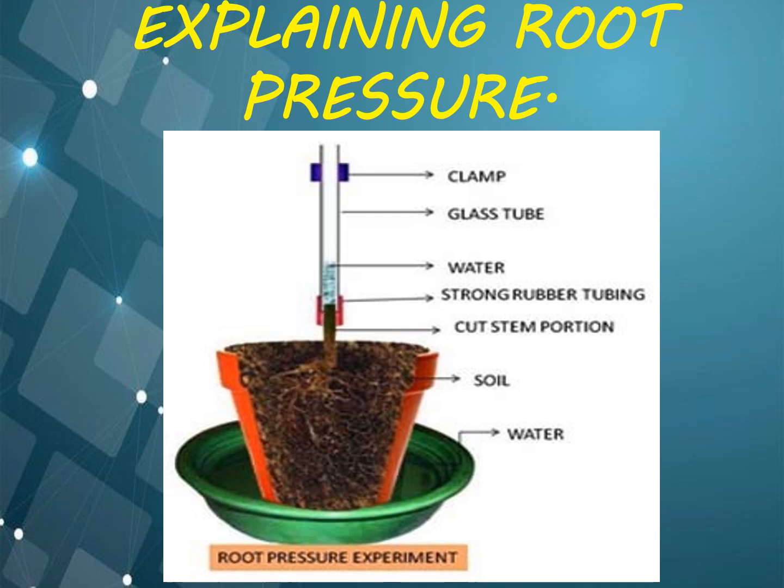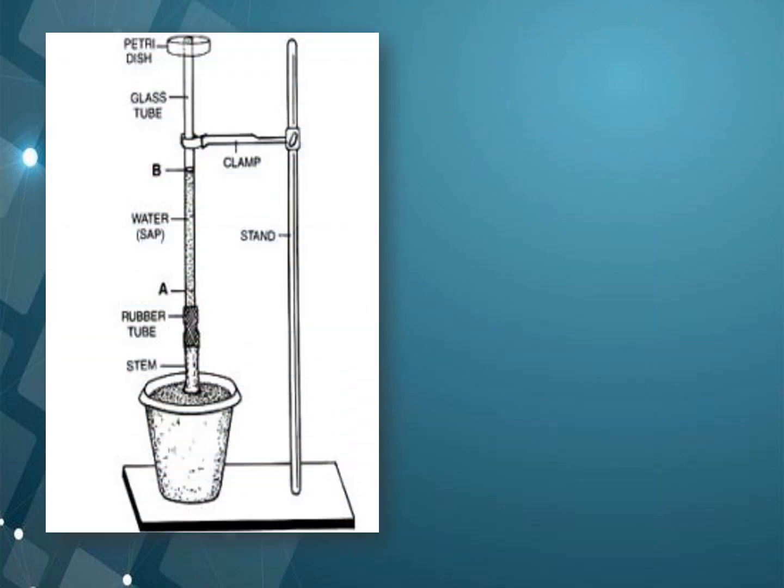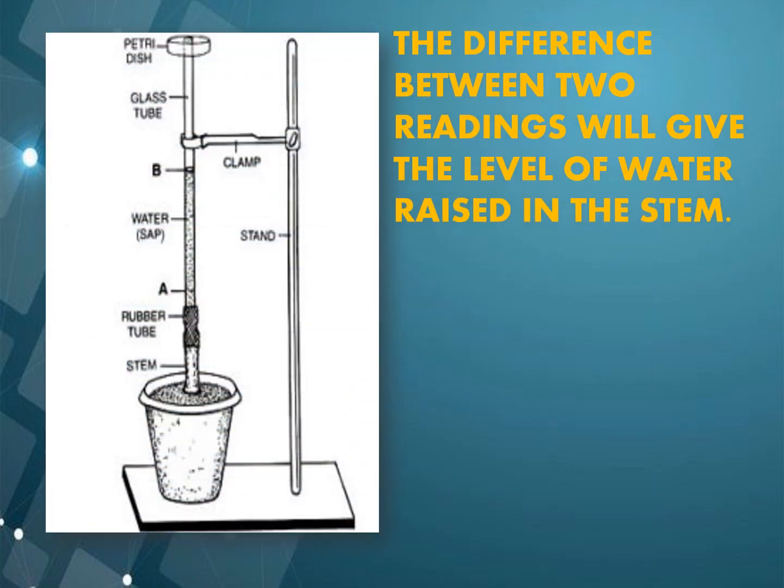Then after 2 to 3 hours, mark whatever the water level is as M2. Children, you find that there is an increase in the water level. The difference between the two readings will give you the level of water which has risen in the stem.